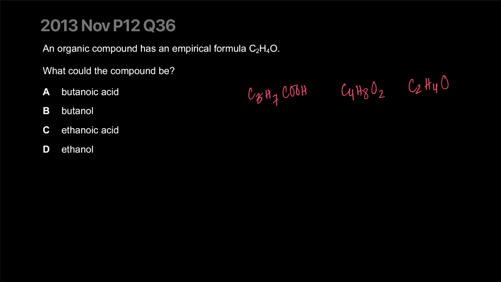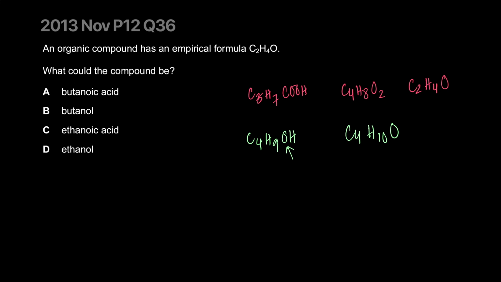Butanol is going to be C4H9OH, and the oxygen will prevent simplification. It's going to be C4H10O, right? So I can't simplify it any further.